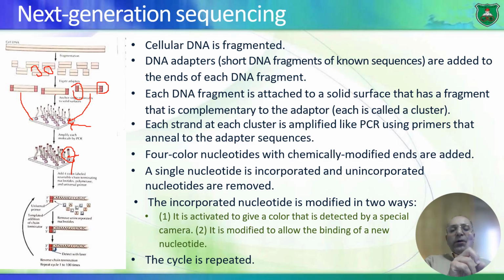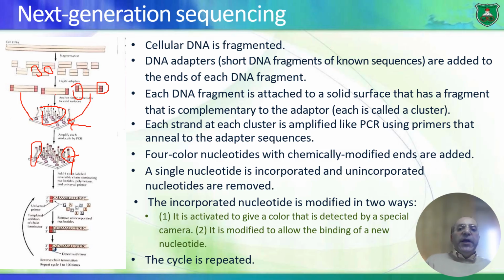Starting with one, we amplify by a PCR-like method. So in each cluster, in each position, we're gonna have 100 of the same identical DNA sequences. Wonderful.